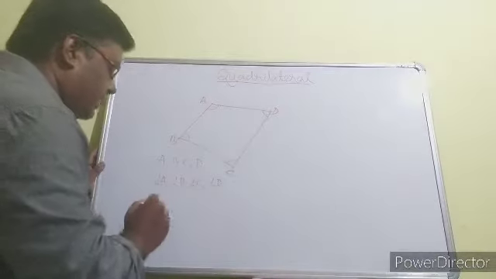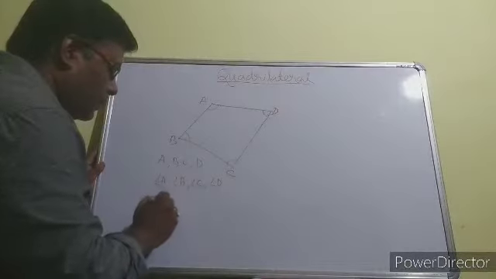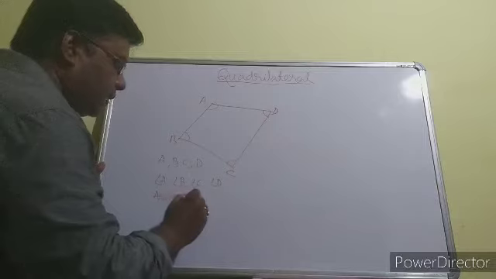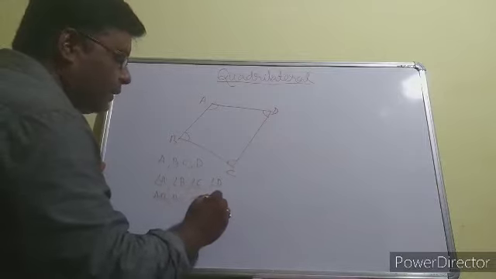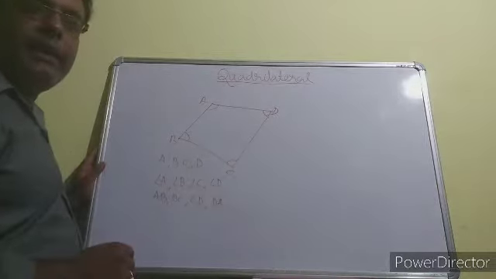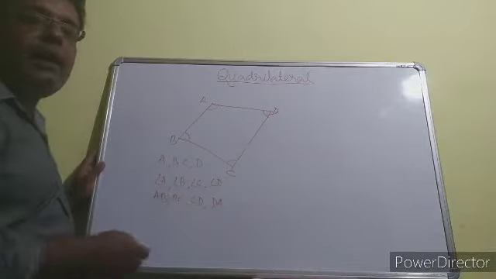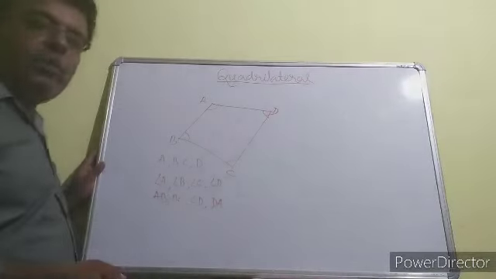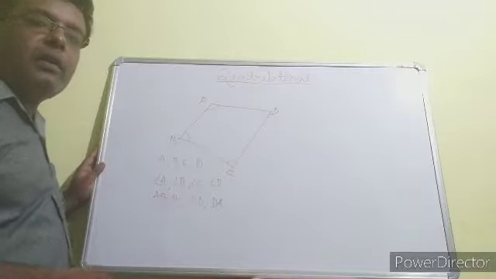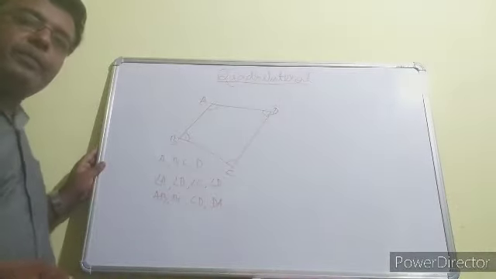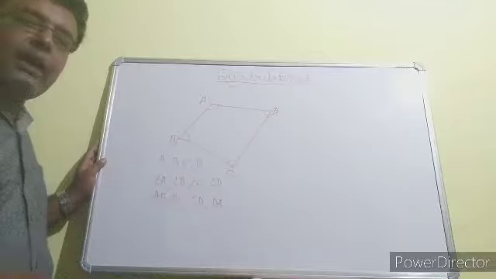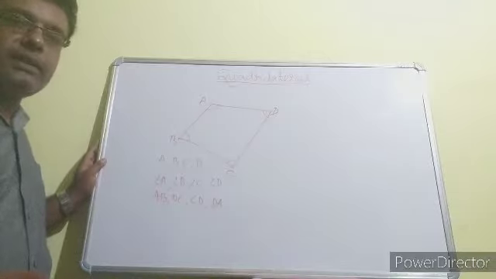The 4 sides are written like this: AB, BC, CD, and DA or AD. That is, in a quadrilateral there are 4 vertices, 4 angles, and 4 sides.